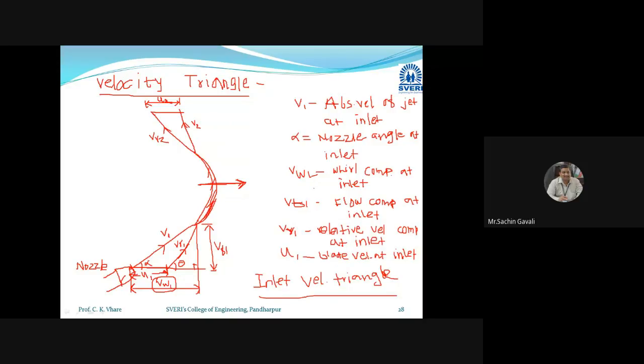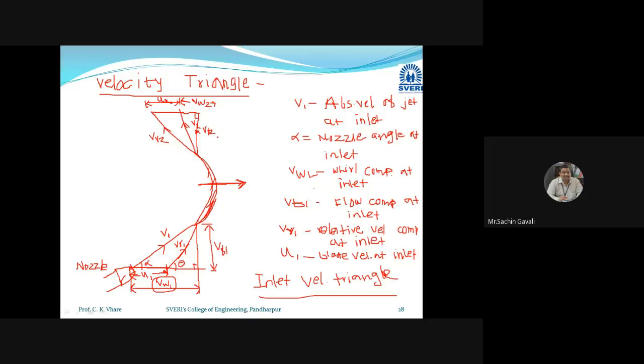Okay. So this V2 again has two components. One is your whirl component, VW2. The other is here, this will be VF2.